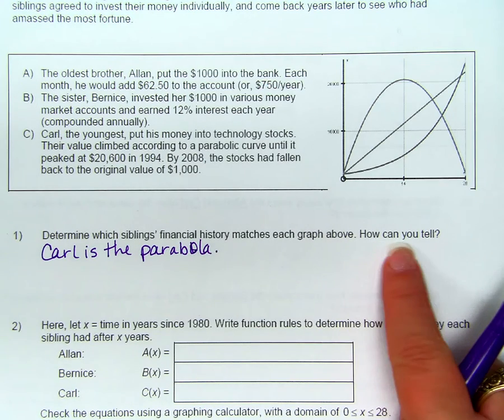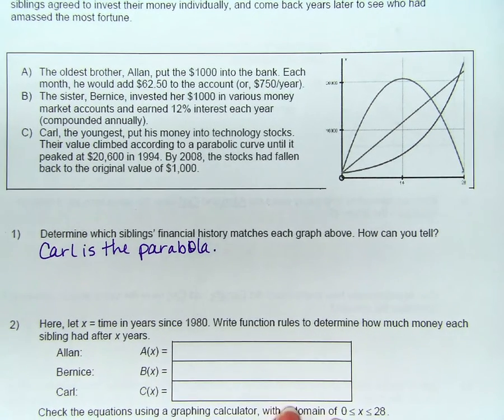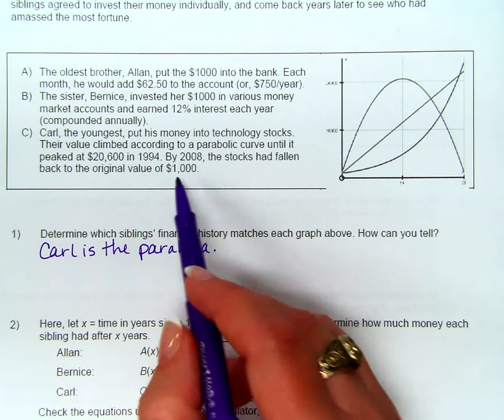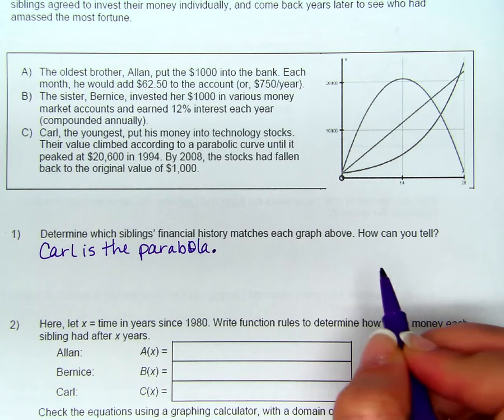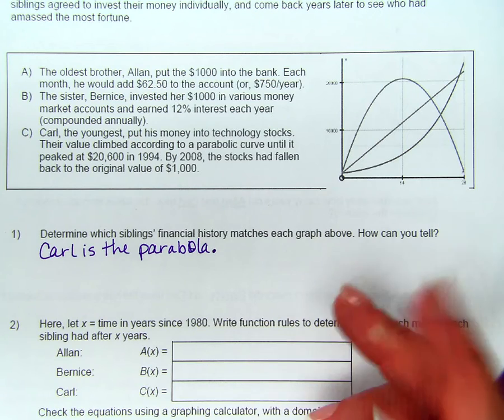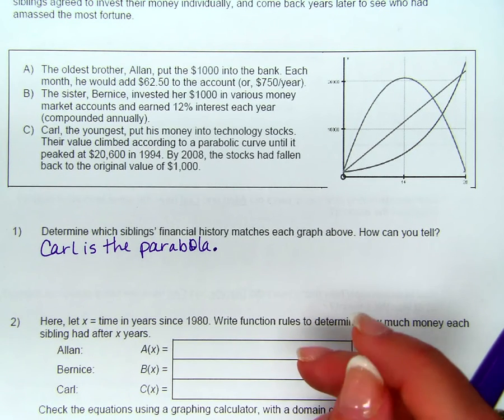Now, how can you tell? It's not good enough to just say Carl's a parabola. How can we tell? So he started low, it went high, and then he came back low. Okay? Is that what you want me to write? We can use some better math vocabulary than that, can't we? Okay.